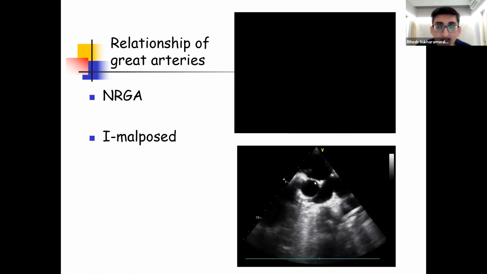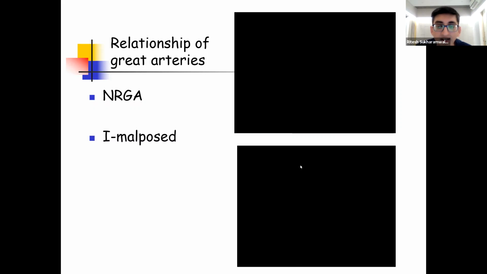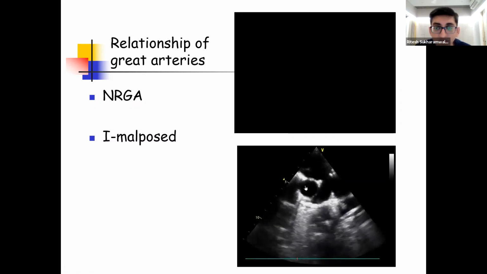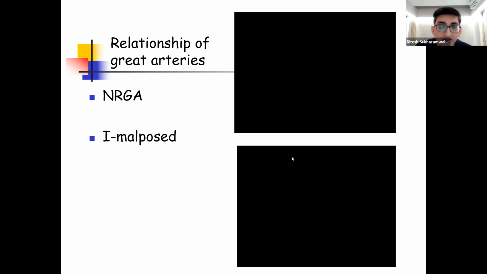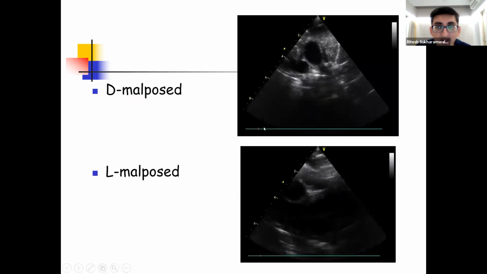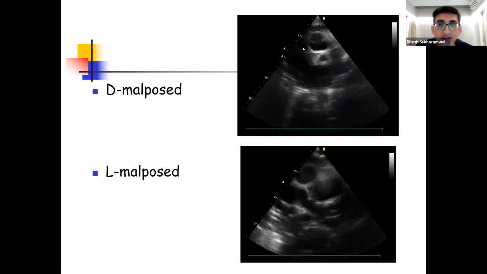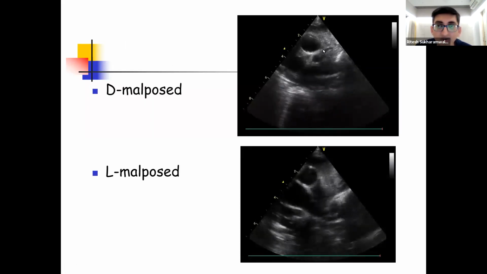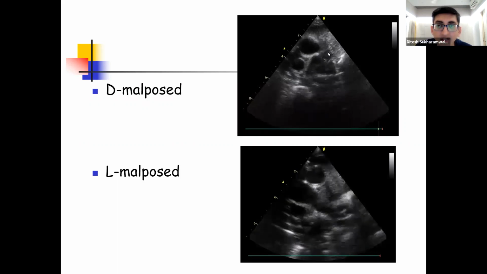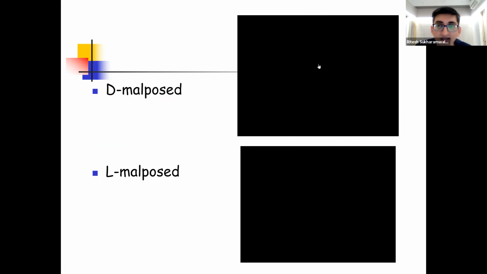When the aorta is posterior and to the left, this is the pulmonary artery, and this is the aorta, which is posterior and to the left, and the pulmonary artery is on the right. So it is known as I malpose, what we see in situs inversus. In case of D malpose, the aorta becomes anterior and to the right. So this vessel is showing a coronary artery arising from the anterior vessel, and the posterior vessel is a branching one.